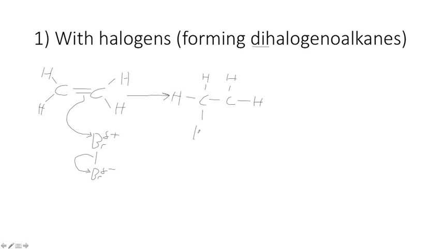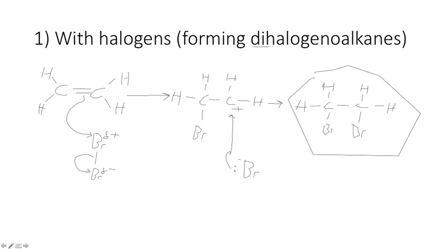And this is because, excuse me, this carbocation has a positive charge, meaning that this now fully negative bromide ion, as opposed to here with its lone pair, is able to go up there, which means we form a dihalogenoalkane known as dibromoethane.